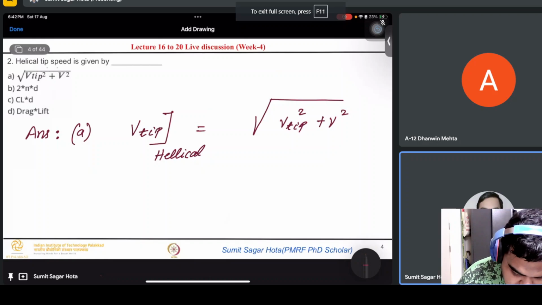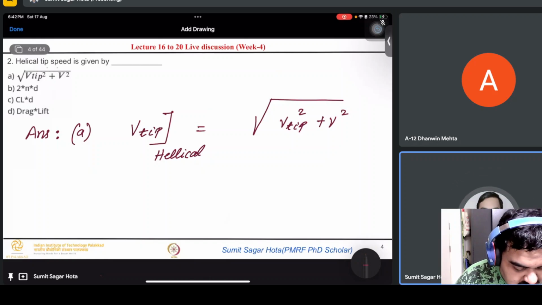What is the requirement of finding the helical tip speed?